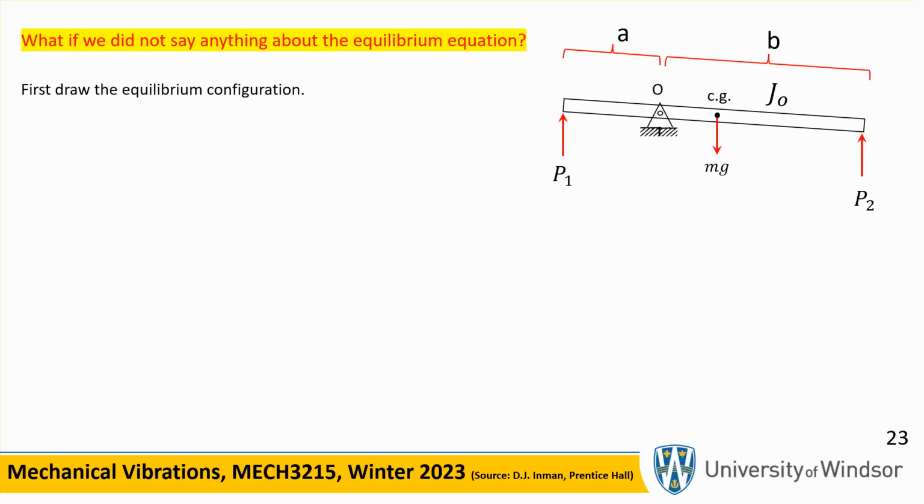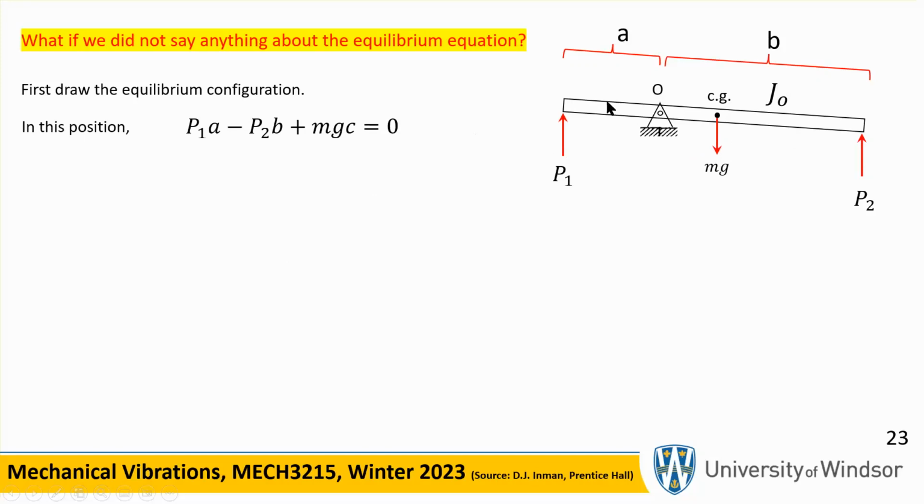There is no oscillation. If there is no oscillation, this is a static problem, okay? And if this is the equilibrium position, then what it means is that there are forces built into the spring, and when you take the moment of all these things about O, you get zero. So this is the case.